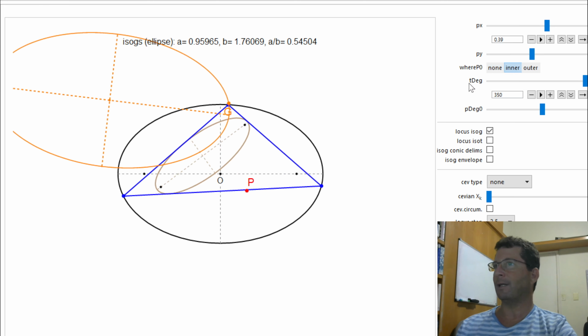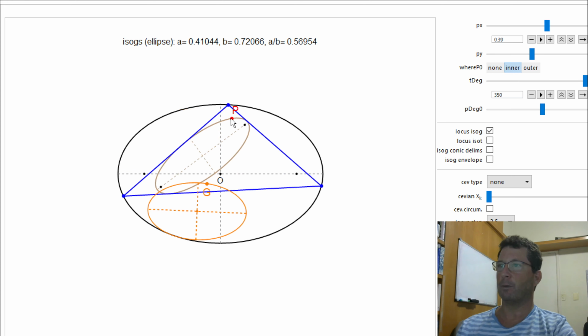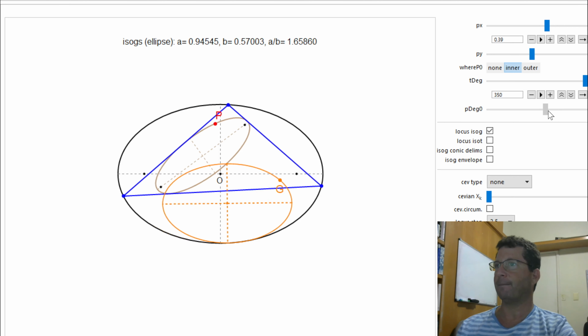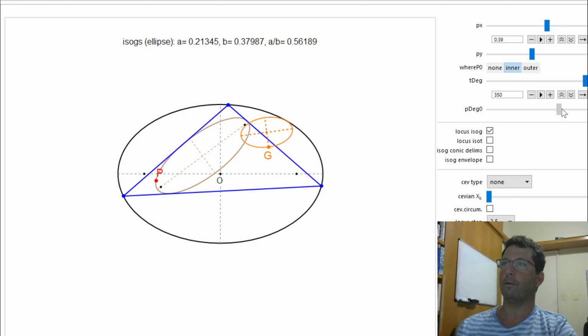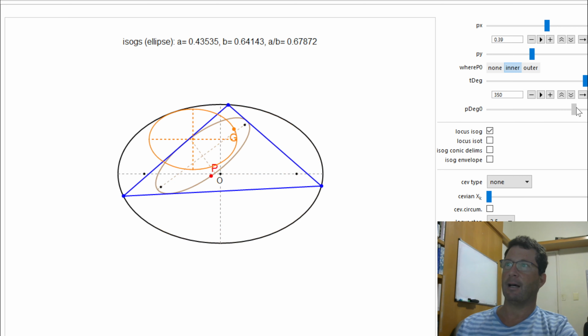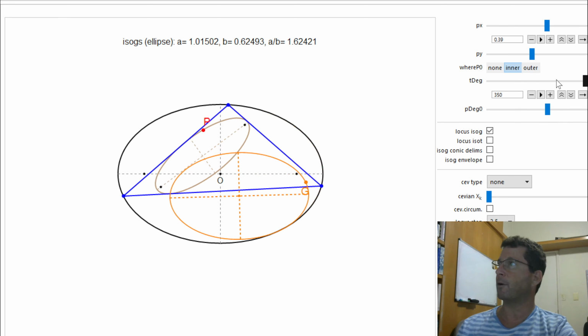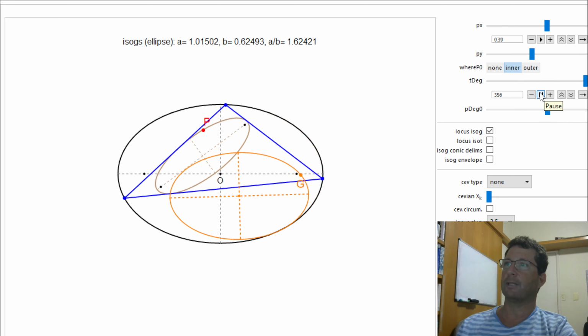If P were on the inner ellipse, and I jogged P over that inner ellipse, all the loci of the isogonal conjugate of P over Poncelet, right? I'm always talking about loci over Poncelet.